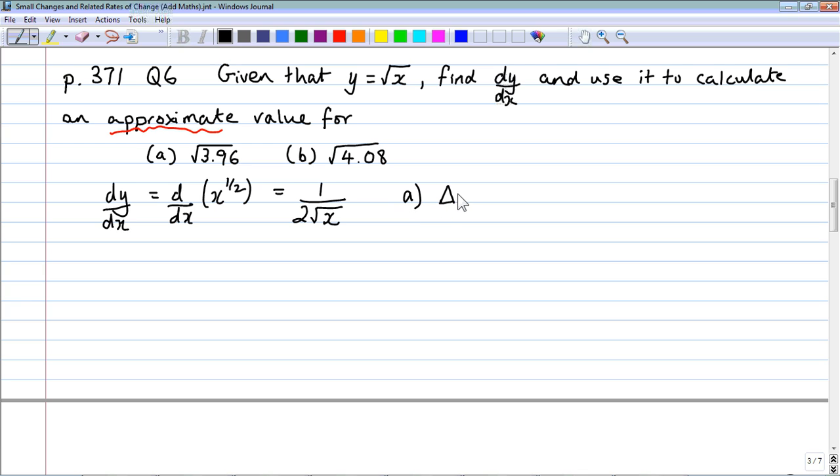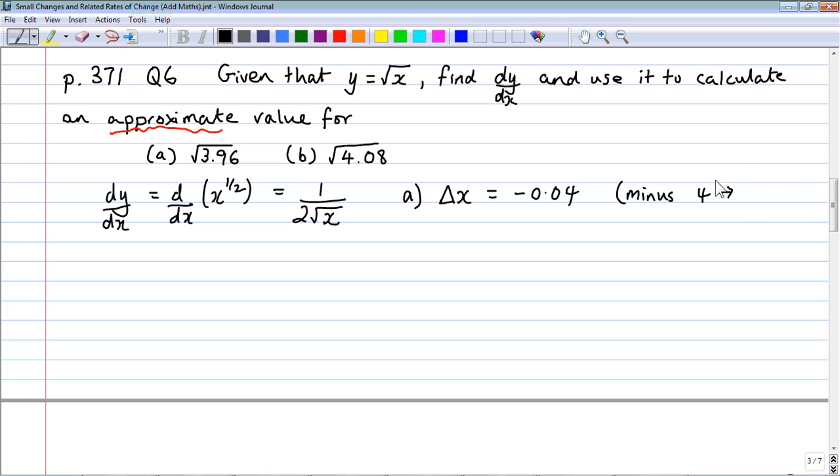Well, what's delta x? Can you tell me? Delta x is minus 0.04. Minus means going from 4 to 3.96.